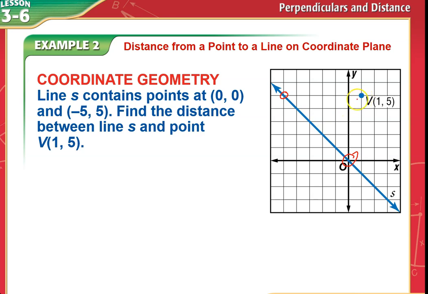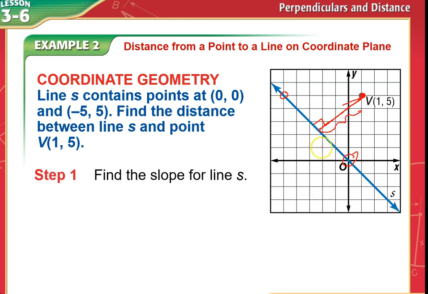Again, we need to know the slope of our line that contains the origin and (-5, 5). Then we take the negative reciprocal, so we know the slope of the perpendicular line, and then we find that distance.